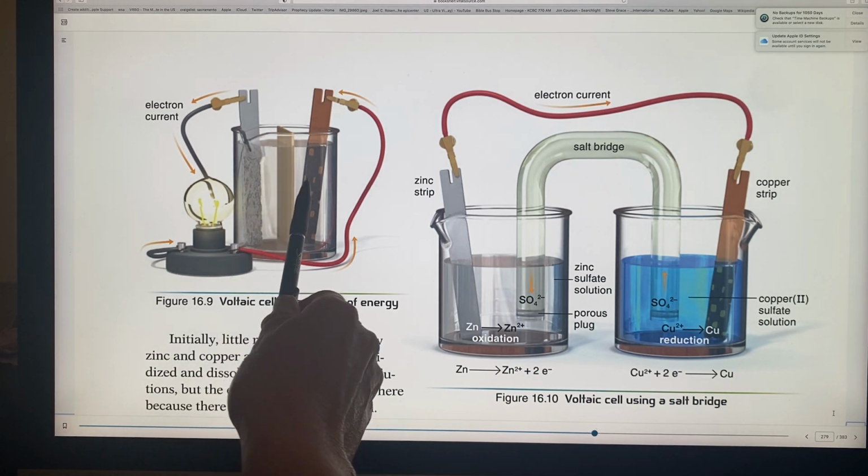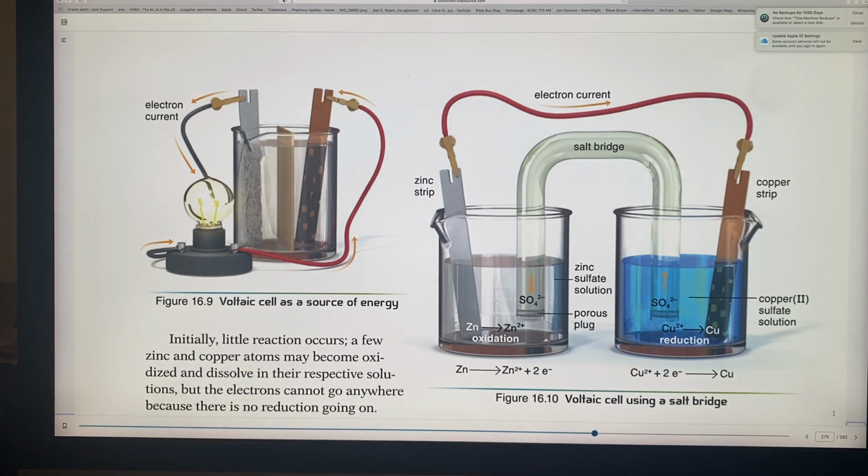And then again, it keeps going till the batteries are used up.